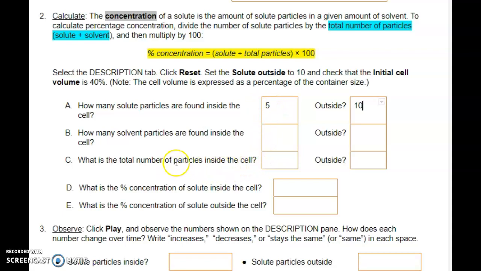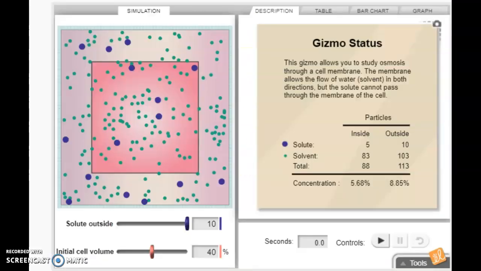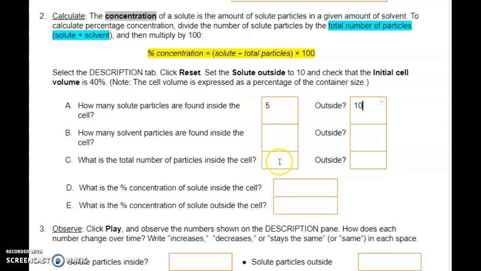You're also going to need the total number of particles inside the cell, which for me right now is 88. So then you're going to take 5 divided by that 88, and then you're going to take that answer and multiply by 100 to get the percent.